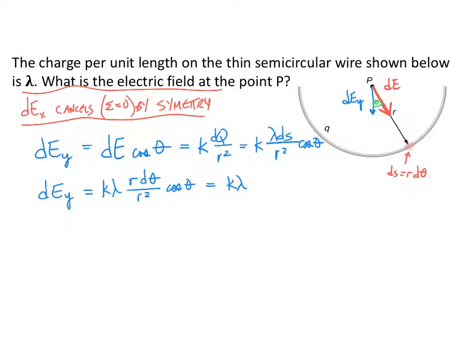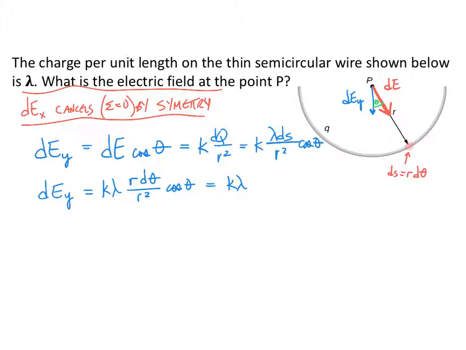The d theta is going to drop out. I'm sorry, the d theta is not going to drop out. One of my r's is going to drop out, and I'll just have cosine theta d theta, right?